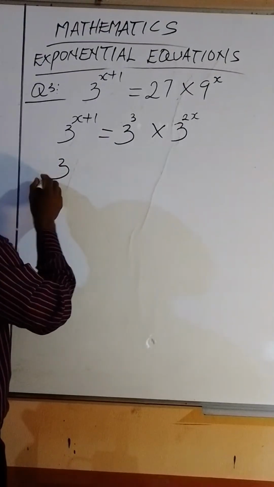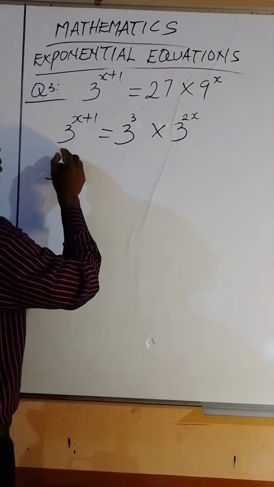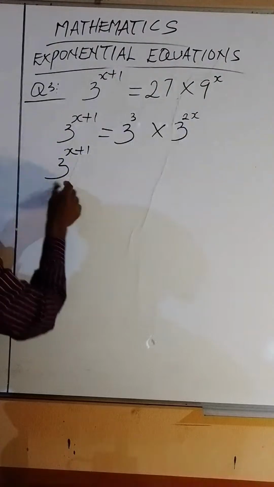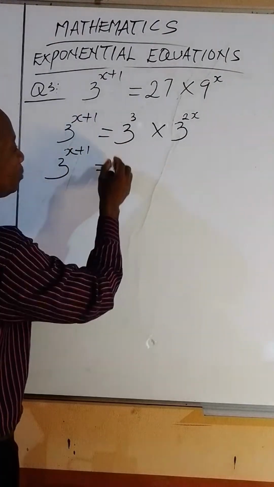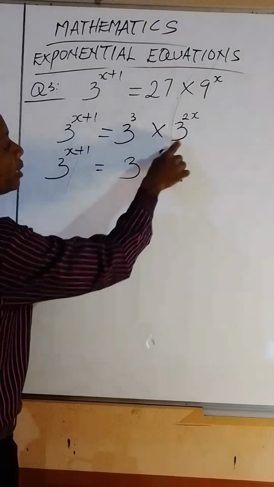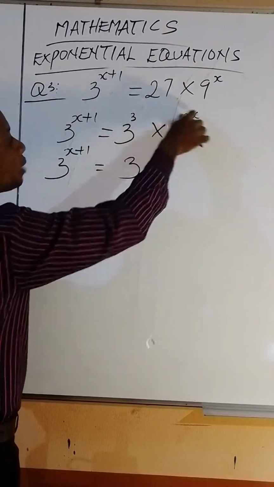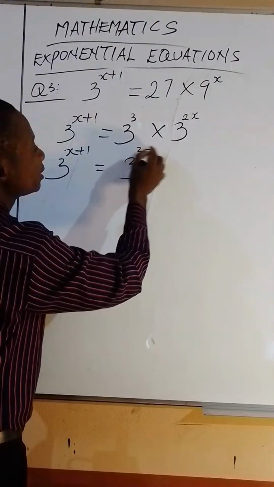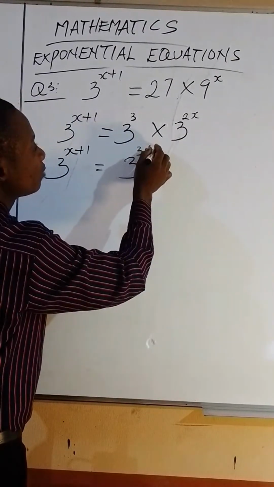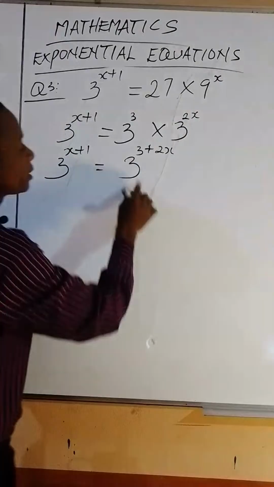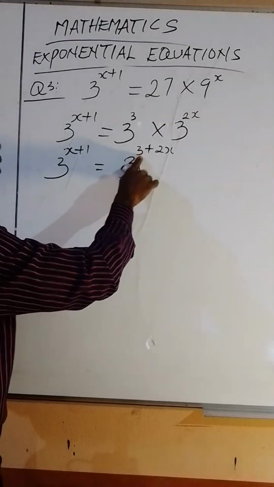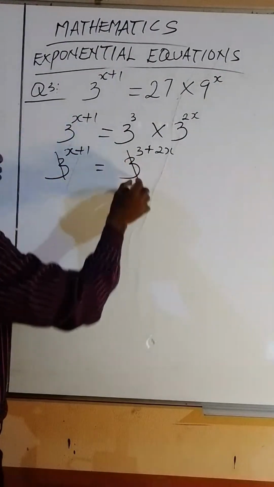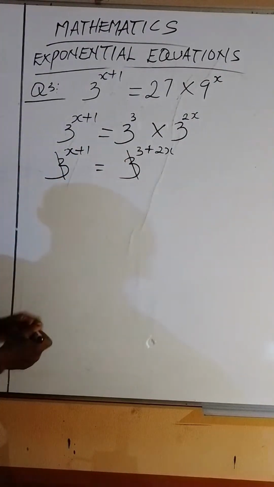So we come here and we are going to have 3 raised by x plus 1. Just repeat this here. Then here we have 3. Since the bases are equal here, just add up what we have as the exponent. So we are now going to have 3 raised by 3 plus 2x. In this case, we have achieved what we are looking for. So we can strike out this.